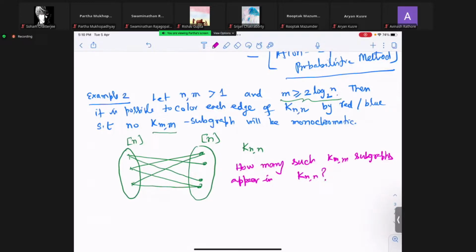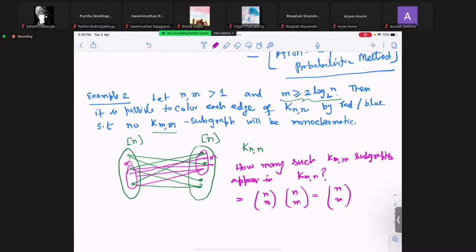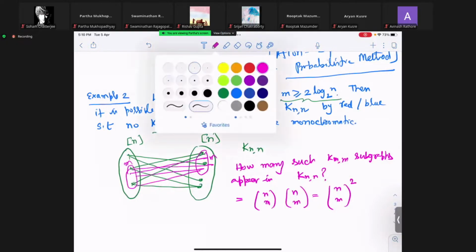That's easy because you can take any m from here, any m from here, and that subgraph will be one of the copies, right? So this number is clearly n choose m times n choose m. So n choose m squared. Now what's the next step?